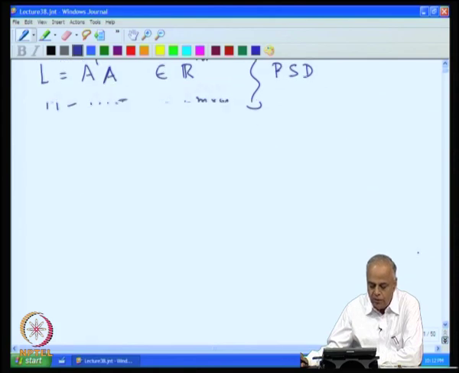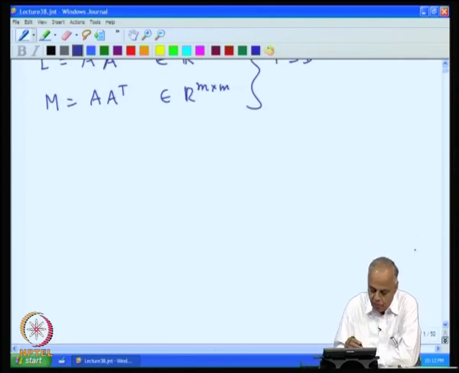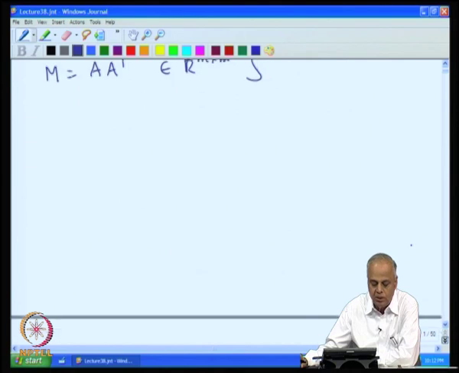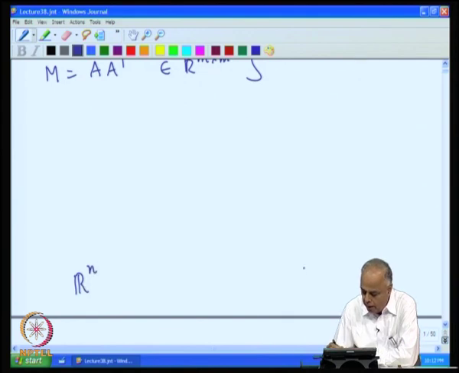and both were positive semi definite matrices. Now, using these 2 matrices, we found that the basis for the subspaces can be chosen as follows. Recall our decompositions, we had R n and R m, 2 fundamental vector spaces.